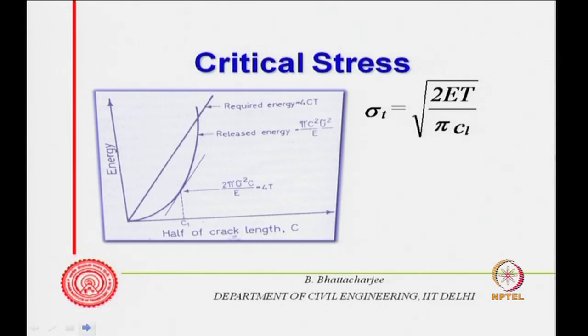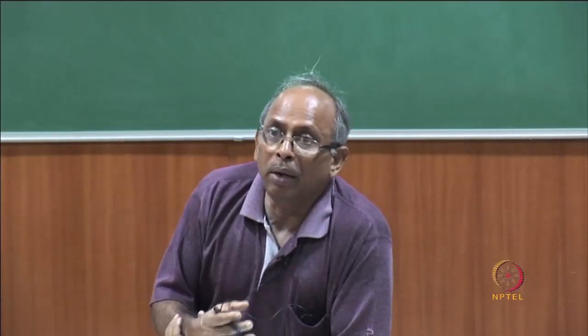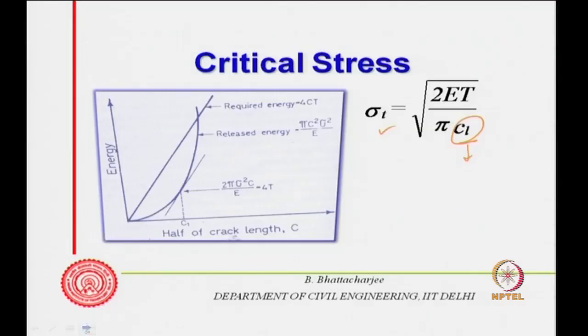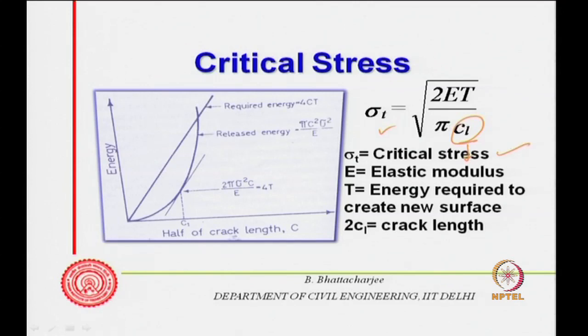So, you can see the critical stress at which fracture will propagate spontaneously is a function of the half crack width. If some cracks or holes already exist, they would behave like that. This is the critical stress sigma t, with elastic modulus E, the energy required to create a new surface t, and the crack length c of the elliptic crack, under tensile forces.